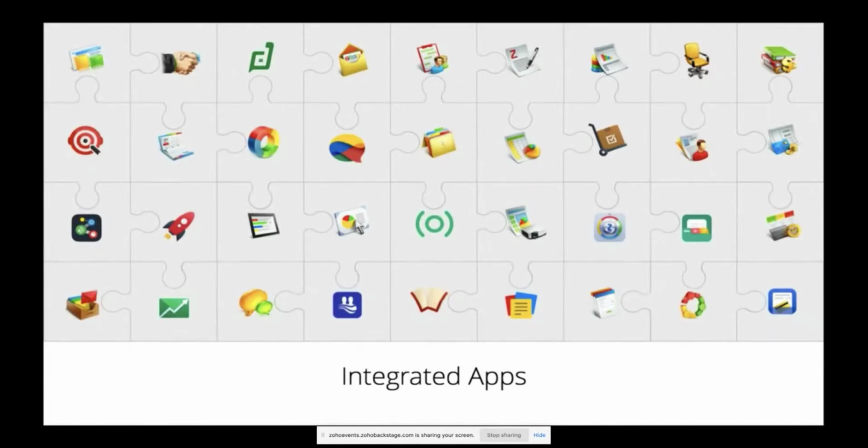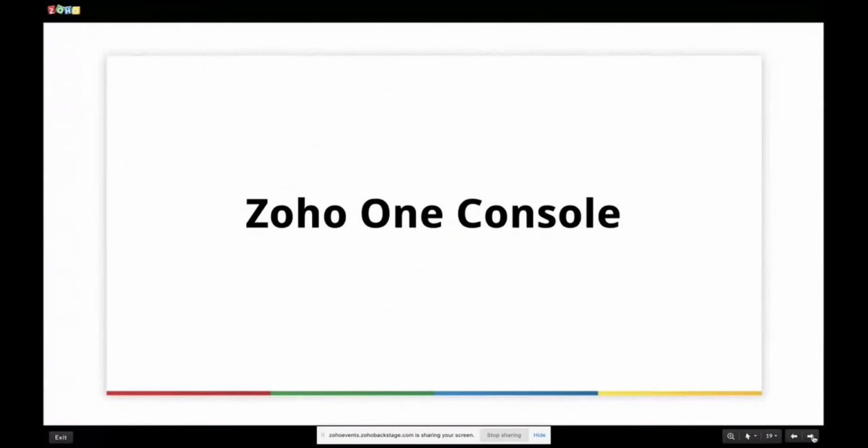In order to know that, we need a quite good integration between the inventory management and CRM. Zoho by default has that. So I will be showing you during the business walkthrough how exactly inventory and CRM are integrated with each other. So that's all about the integration, or how exactly Zoho One is.